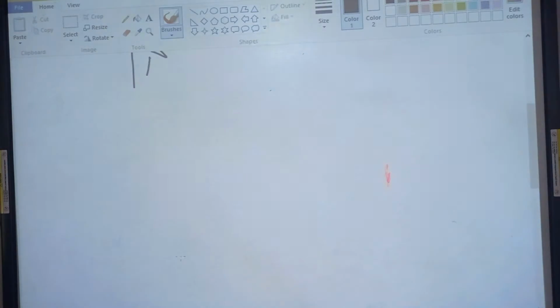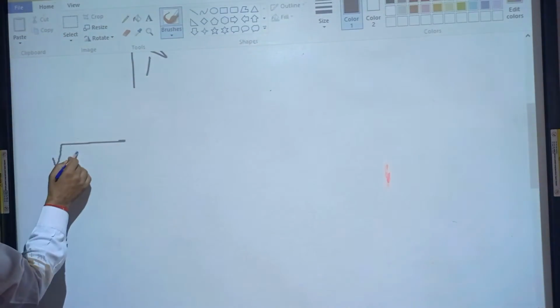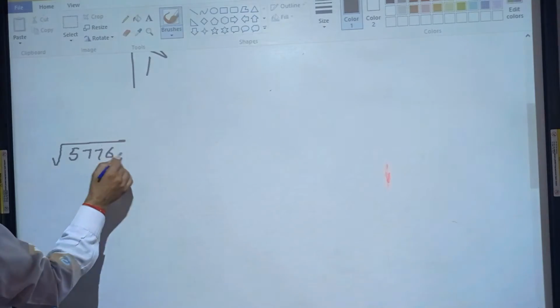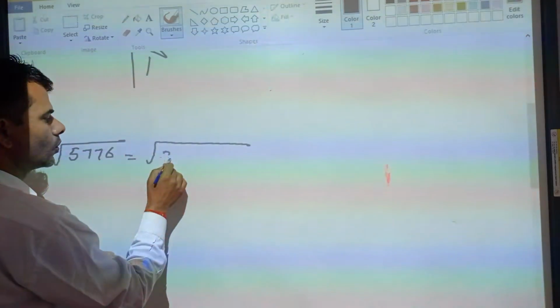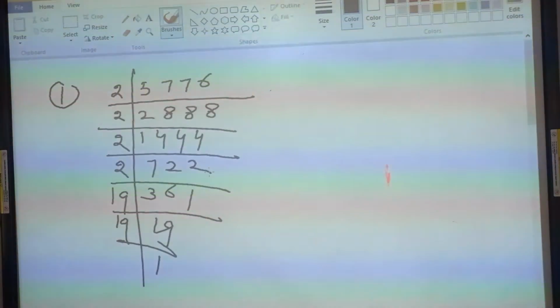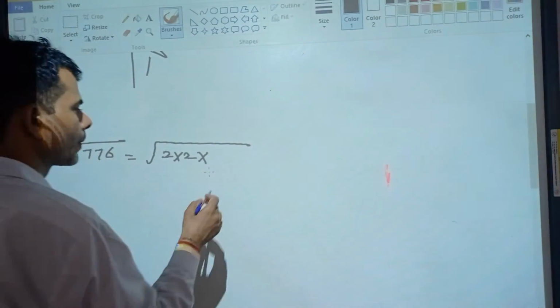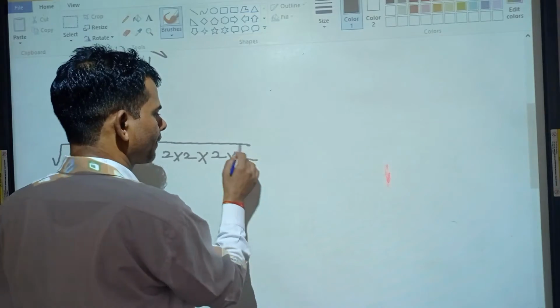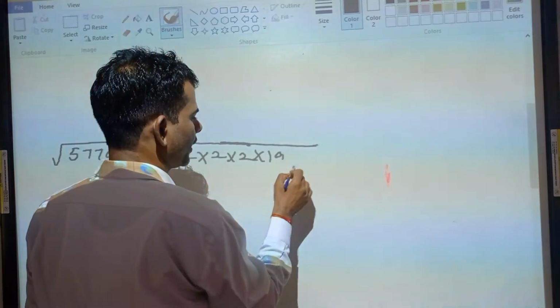Now the square root of 5776 is 2 into 2 into 19 into 19.